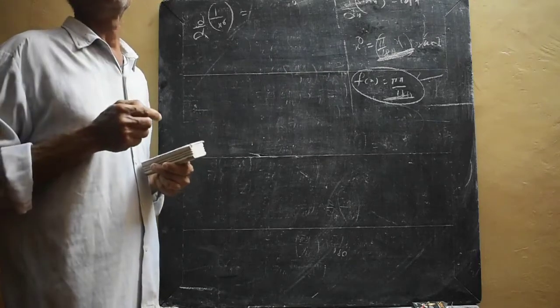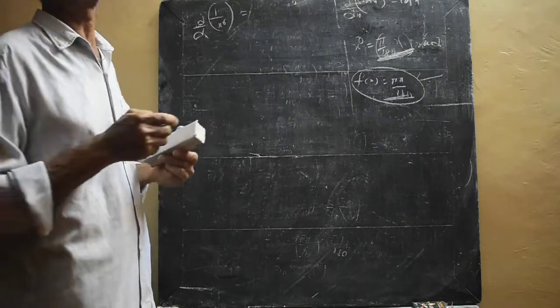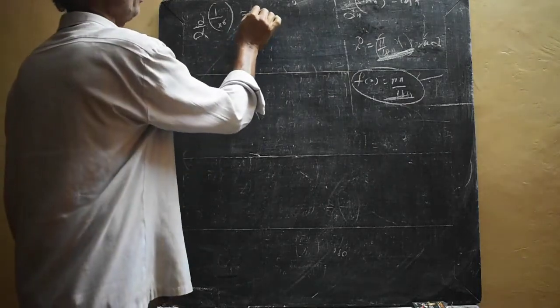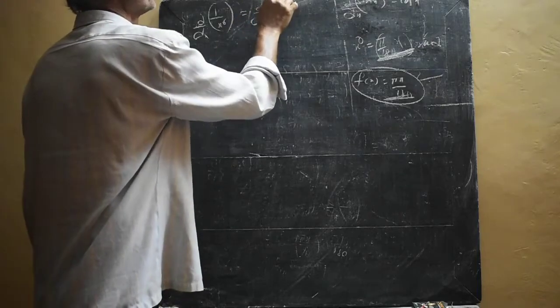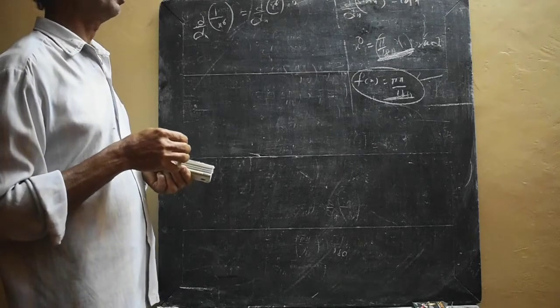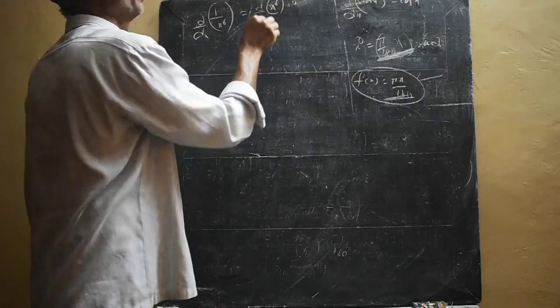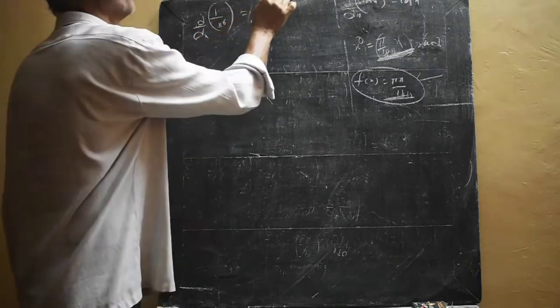I am going to give a formula for d by dx of 1 upon x raised to n. Look here, what we used to do using the x raised to n formula: d by dx of x raised to minus 6, because 1 upon x raised to 6 is x raised to minus 6. By the laws of indices, 1 upon a raised to m is a raised to minus m.